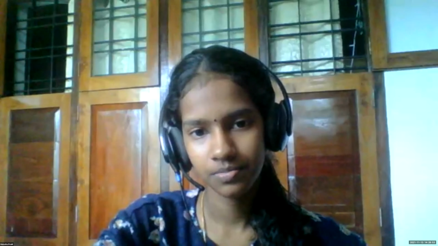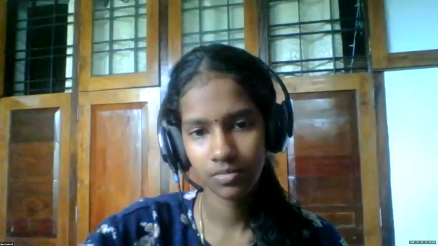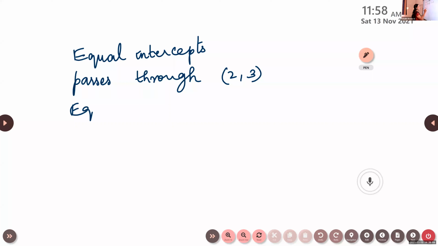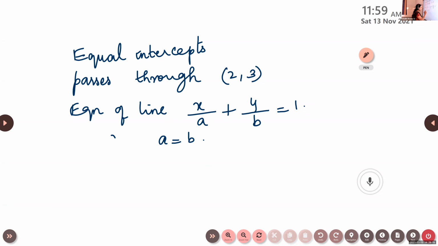Very good. Intercept form. We take the equation of the line in intercept form: x by a plus y by b is equal to 1. It is given the intercepts are equal, so a is equal to b.